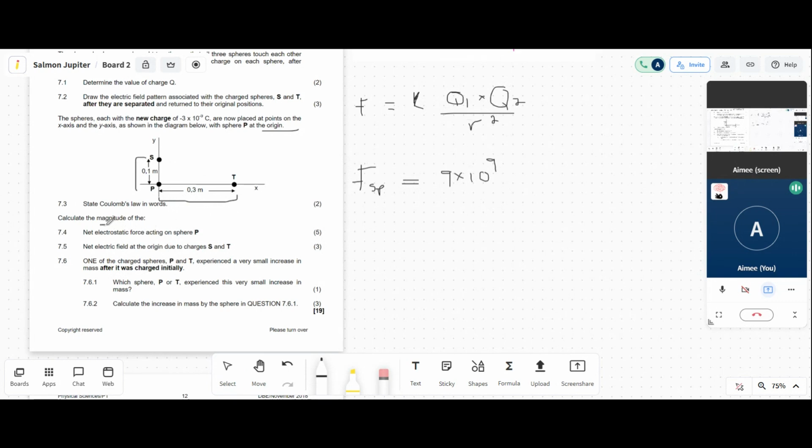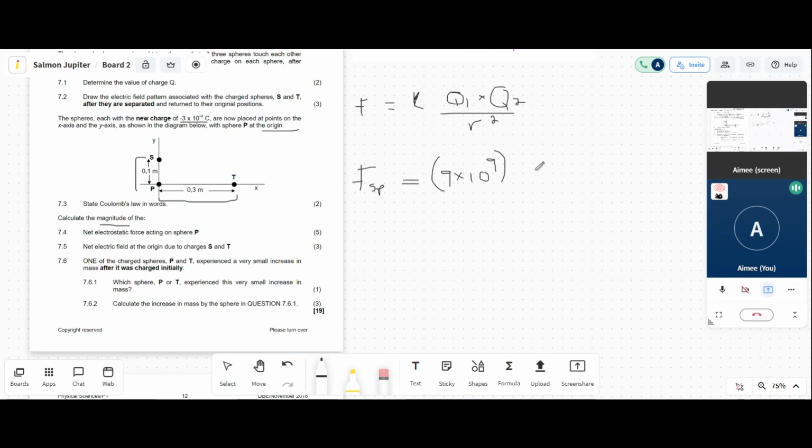Remember, they want the magnitude, so we don't have to work with positives and negatives and things like that. We're just working with magnitudes at this point. Remember, they've all got the same charge. They're saying that S, P, and T all have the same charge.